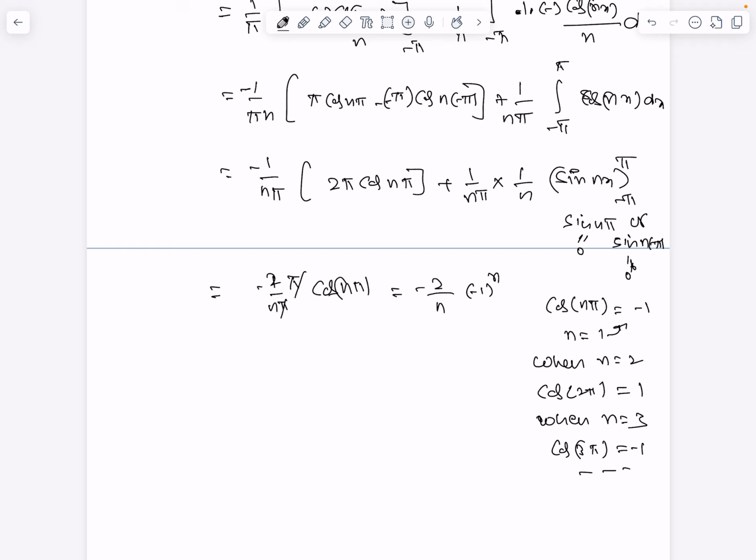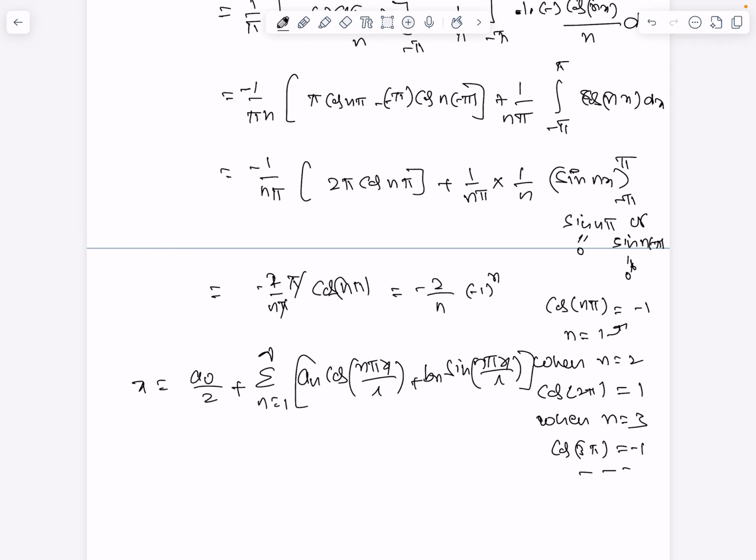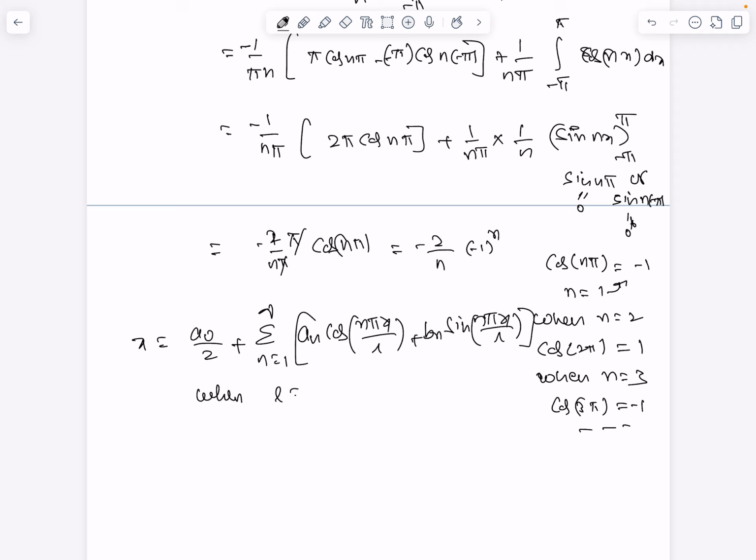Therefore, your answer, the Fourier series of x over the interval, is a naught by 2 plus summation n is equal to 1 to infinity a n cos n pi x by L plus b n sin n pi x by L. When L is equal to pi, a naught is 0, plus summation n is equal to 1 to infinity a n is 0 times cos n pi x by pi, plus b n sin n pi x by pi.